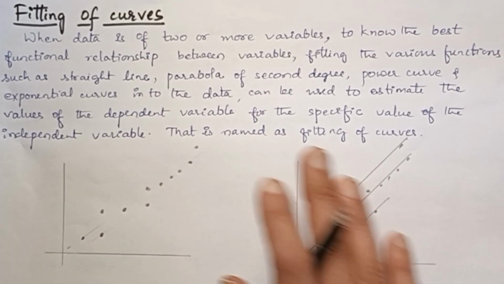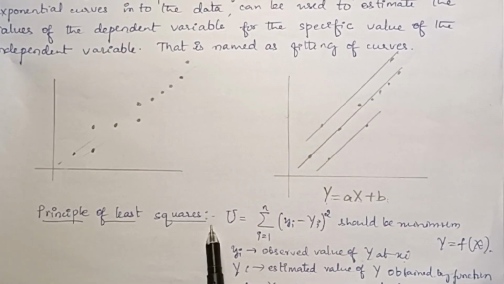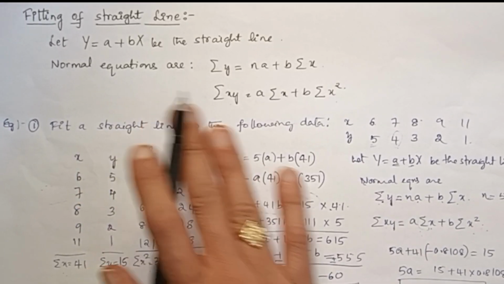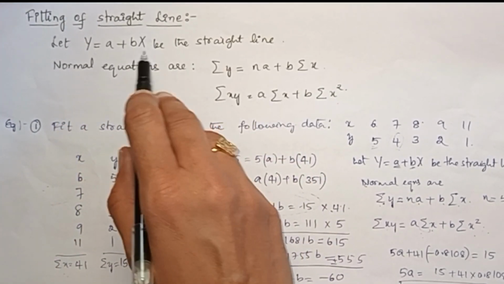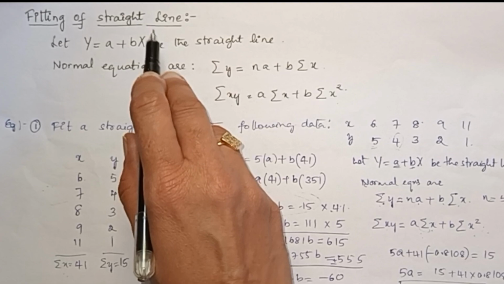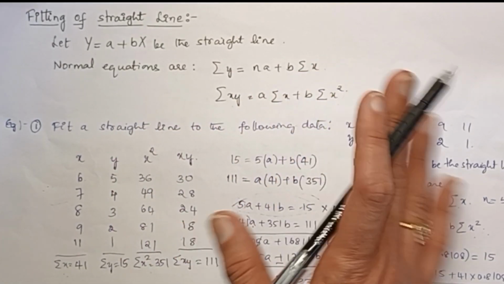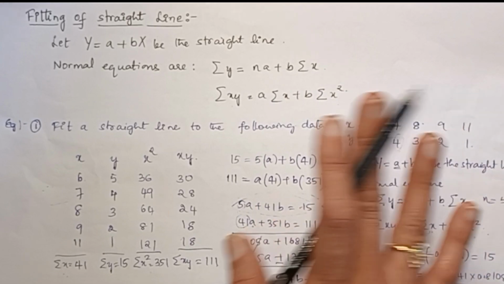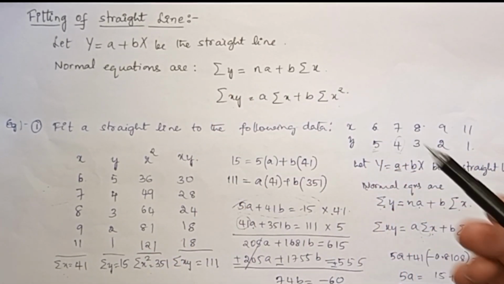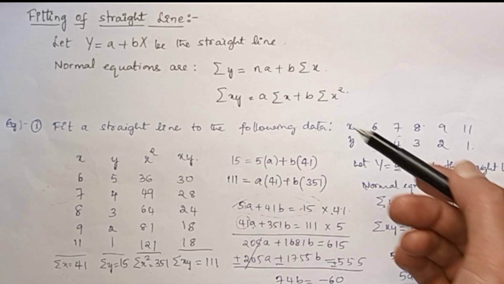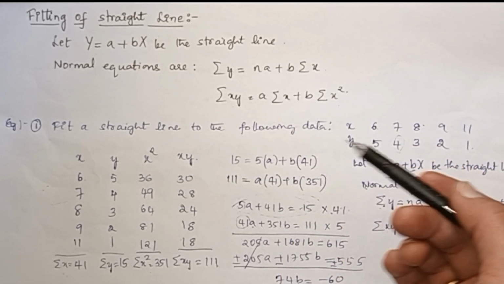And in fitting of curves, the best fit is obtained using the principle of least squares. Now in fitting of straight lines, we will take the equation of a straight line as y equal to a plus bx. It is linear, power of x is equal to 1, the highest power of x. You have to remember the normal equations. You can also do this easily just by reading the book. But the thing is, you have to remember, or in some cases, like in exponential curve or power curve, log we have taken, antilog means 10 to the power.